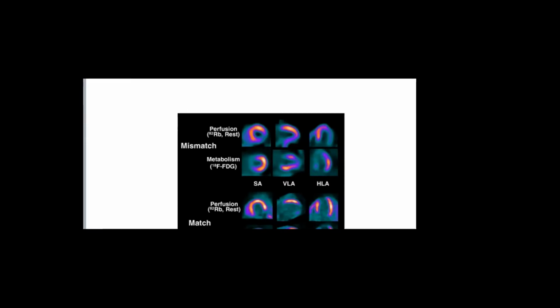Now look at the metabolism and tell me, what about the metabolism of the inferior wall and lateral wall? There is good metabolism. Exactly. So what I have demonstrated here is I have no perfusion, but I have active metabolism in the inferior wall and lateral wall. This is viable wall.